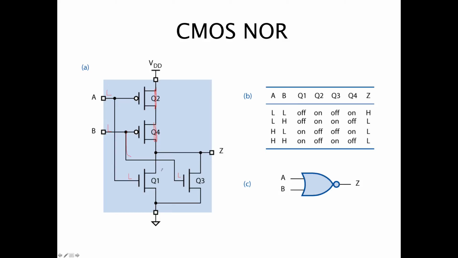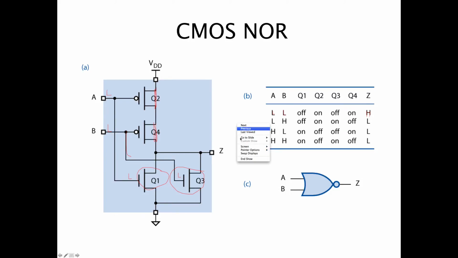Because they don't have bubbles, these transistors are still open, so we've blocked the path. There's no path for current to flow from Z to ground. So if you put low, low on the inputs, you get a high on the output. That's one combination.